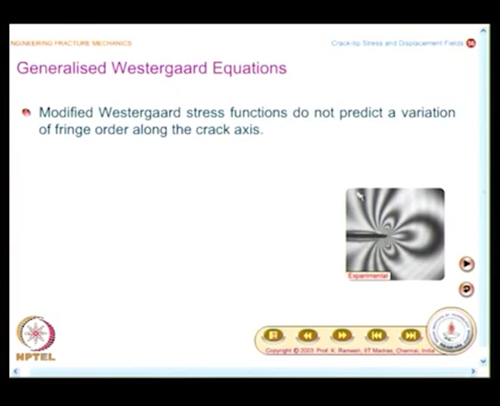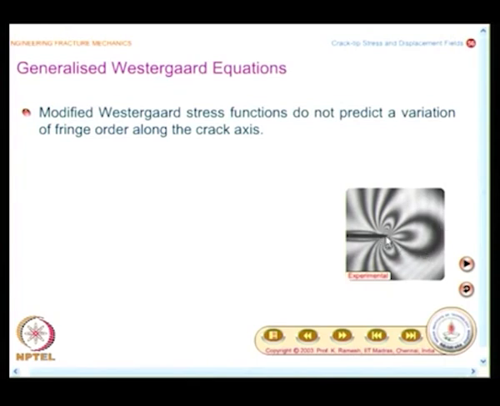I have been showing these photoelastic fringes for quite some time. I am sure you must be now very familiar in appreciating the fringe contours. So, what you have here is, this is the crack and you have the fringes which are forward tilted. As you go close, the fringes become almost straight, and along the crack axis you find frontal loops.